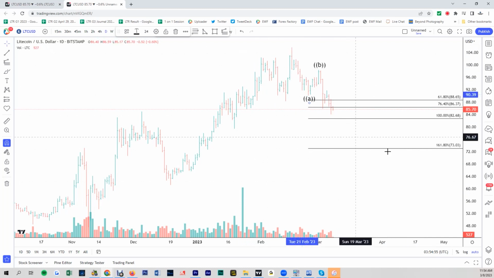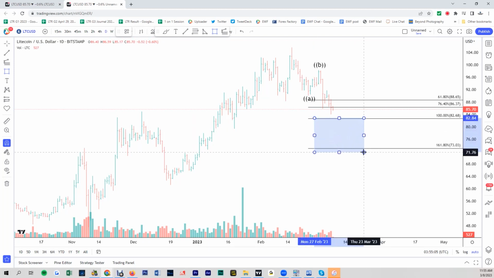So for now, we're looking for a minimum target of 82.7, but the possible range is between 82.7 all the way down to 73. If we hit 73, again, the risk becomes that this is 1, 2, 3, and then you get a 4 and a 5 if that's the case.